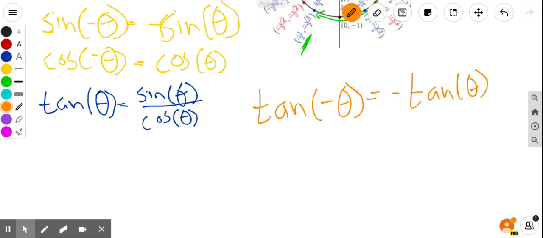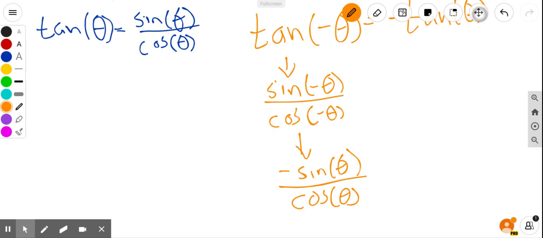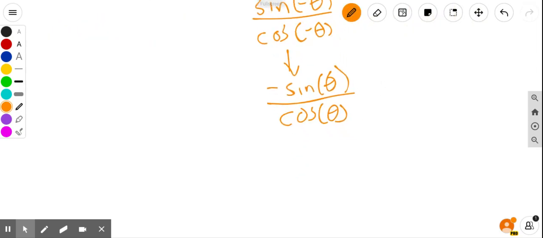Because I can just replace this with sine of negative theta over cosine of negative theta, right? And I know that sine of negative theta is the same as having a negative sine of theta, and cosine of negative theta is the same thing as having a cosine of theta. And as a result, if I focus on this part right here, that's just tangent according to the quotient identity.